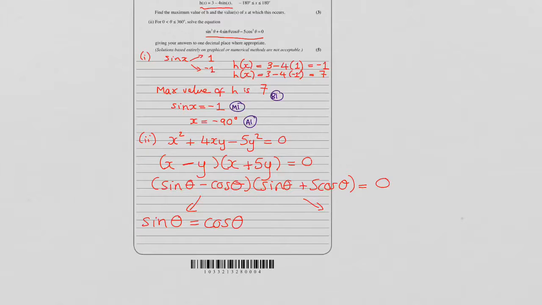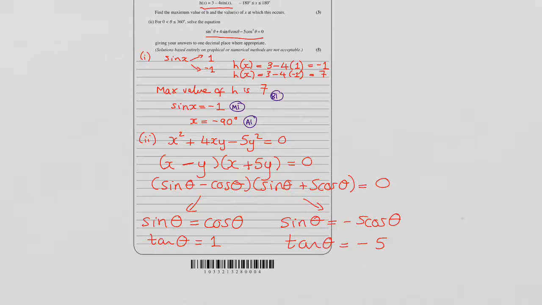I'm going to divide both sides by cos theta, and you get tan theta equals 1. Over here, you get sine theta equals -5 cos theta. So divide both sides by cos theta and you end up with tan theta equals minus 5.